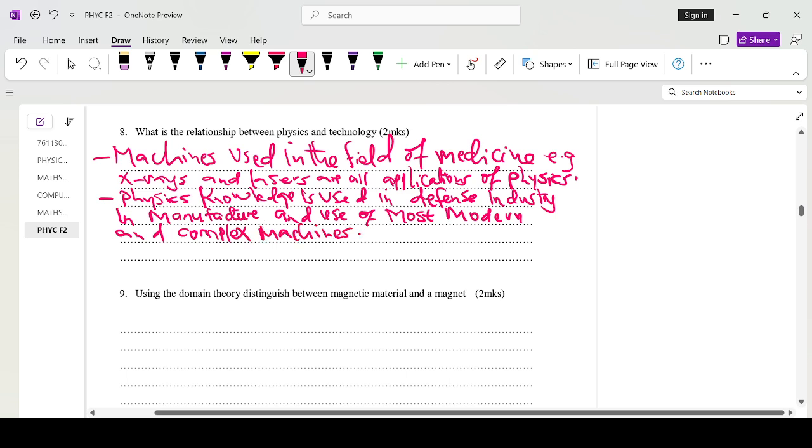Learners, even those AK-47s that you do here, they are using the physics knowledge in building them.